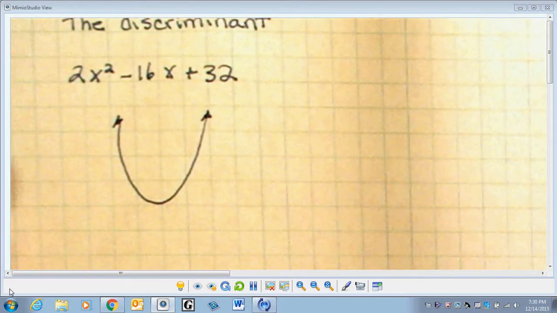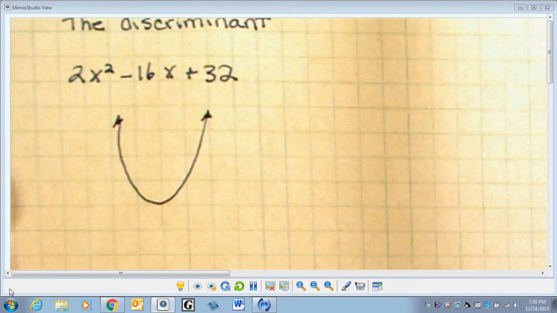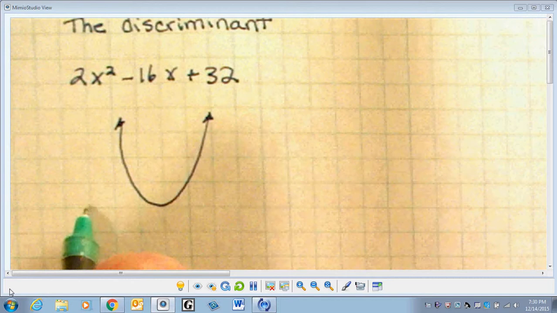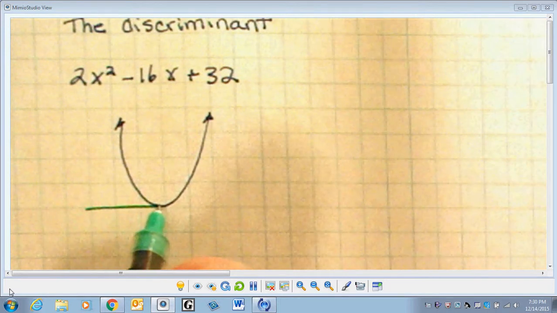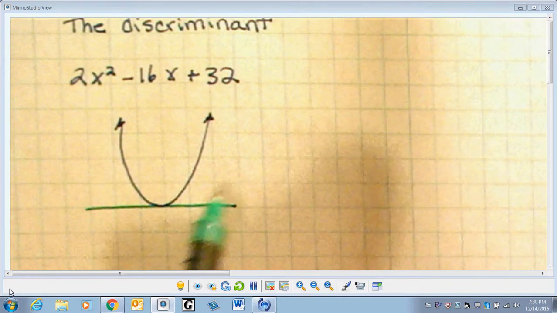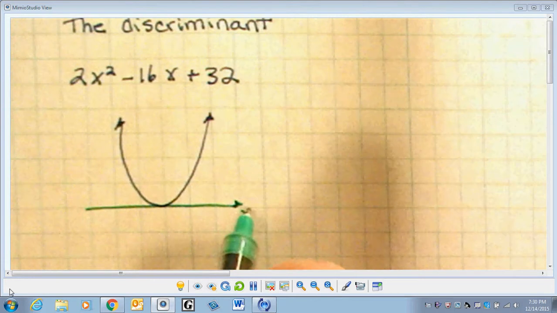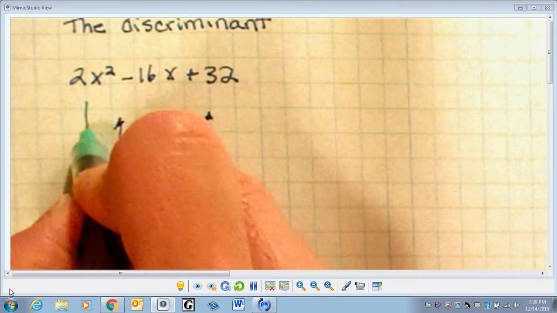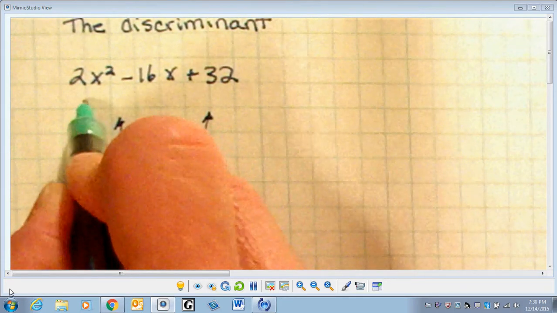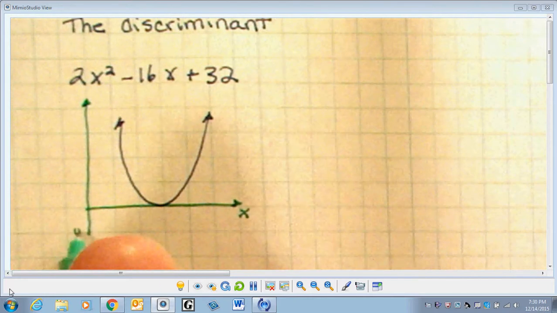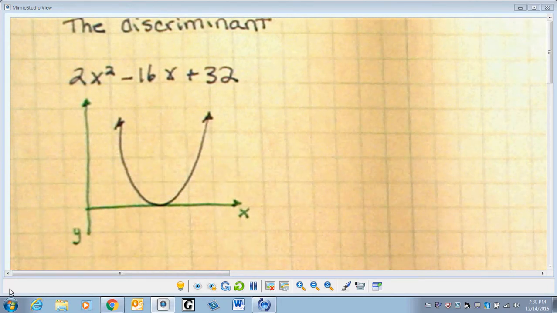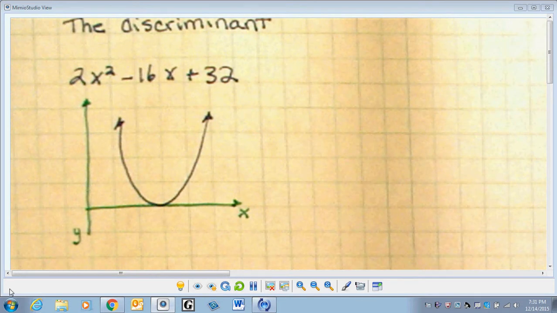And we know from looking at the calculator that it touches the x-axis exactly in one spot. So I'm going to put my x-axis there, and my y-axis there. I don't really care where it is. This is just a sketch, so I'm not being perfect about anything.